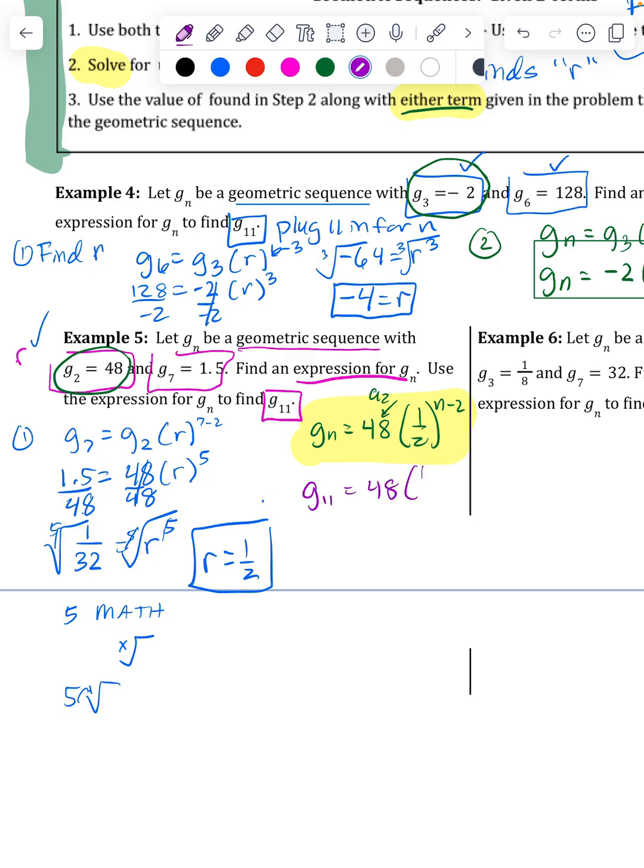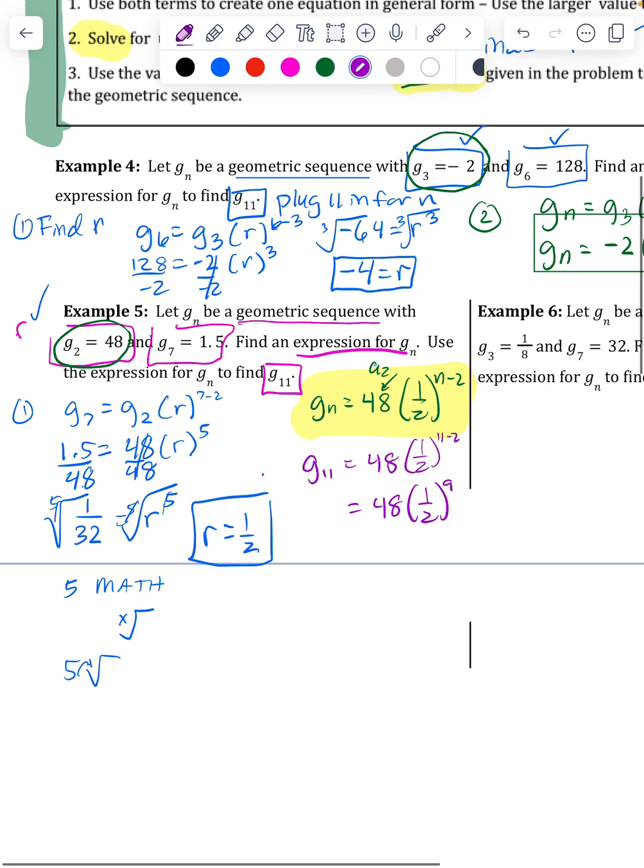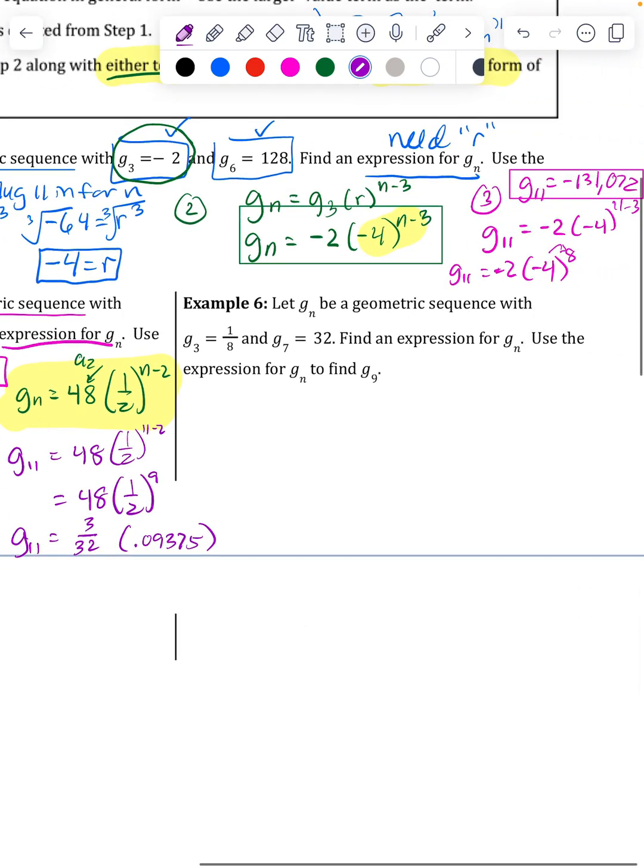So the 11th number would be what I get when I plug that in. So I'm going to have 48 times 1/2 to the 9th power, and that's going to end up giving me 3 over 32, or if you do it as a decimal, you'll have 0.09375.